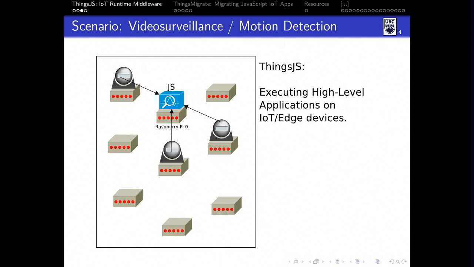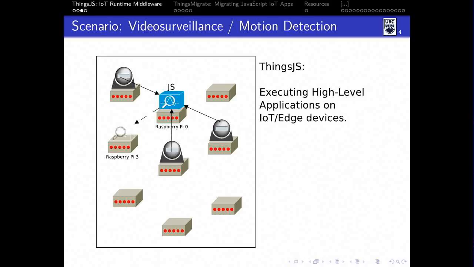But with an edge context, we can tap into the power that these devices offer to offload the computations to them. So with our motion detection application, we could have the video cameras send their stream of images to a local device, any device among all the IoT devices in the building, to run the motion detection task.